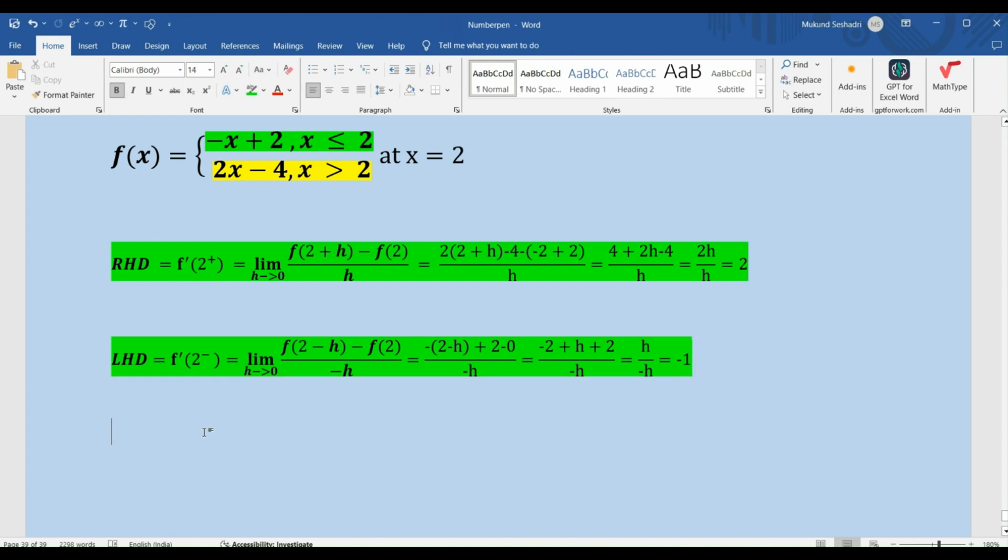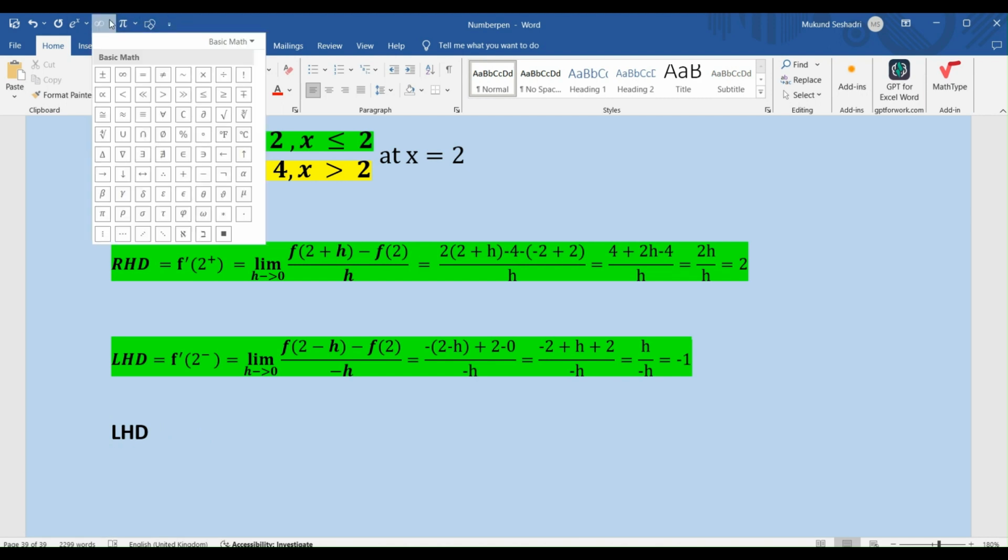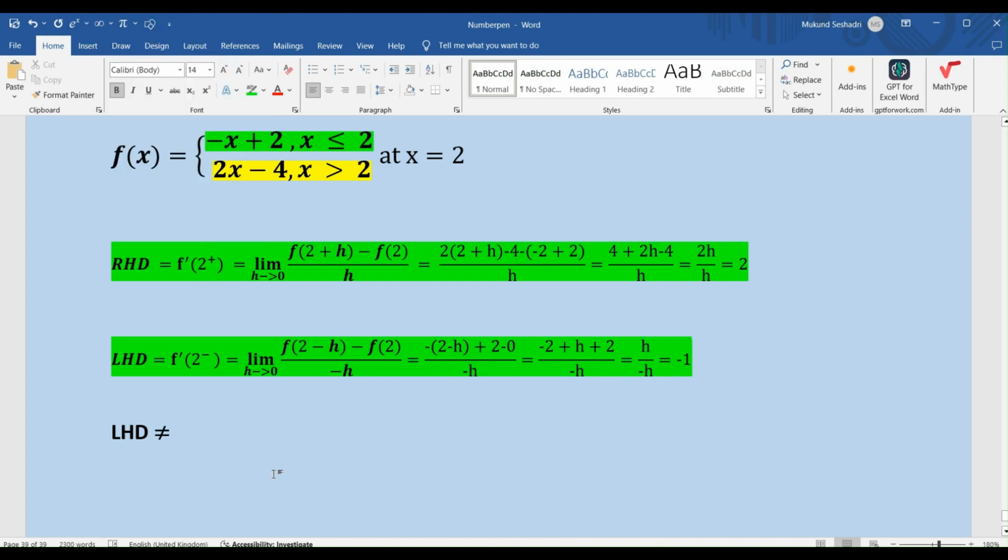But my LHD equal to RHD has to be my third condition, which is to be met for differentiability, right? And is that met? The answer is no. Why is that? Because my LHD equals minus 1, my RHD equals 2. My LHD not equals RHD, and therefore the function is not differentiable at x equals 2, right?